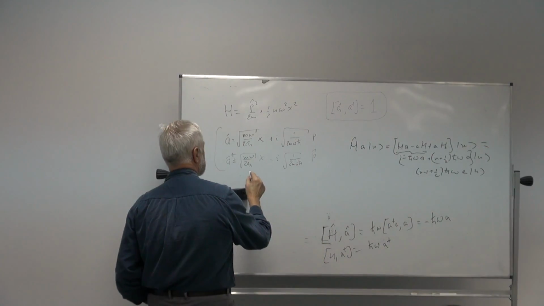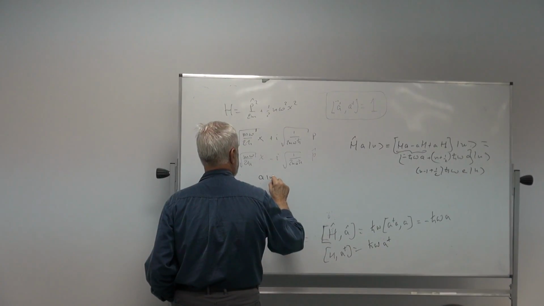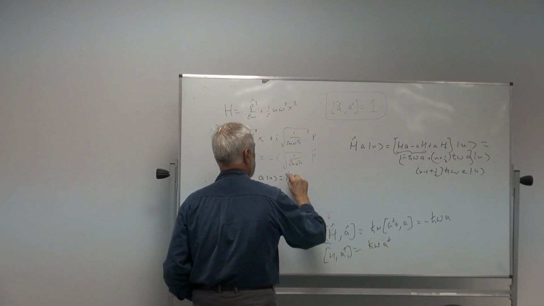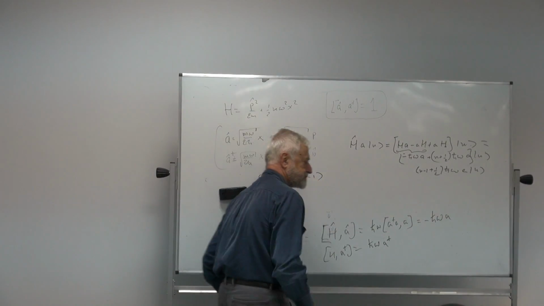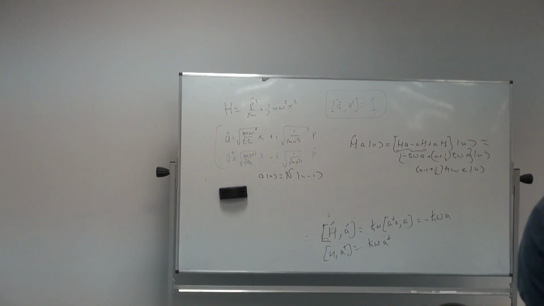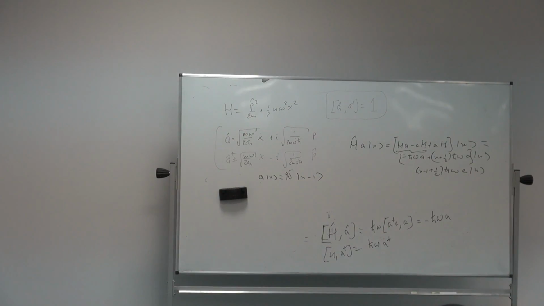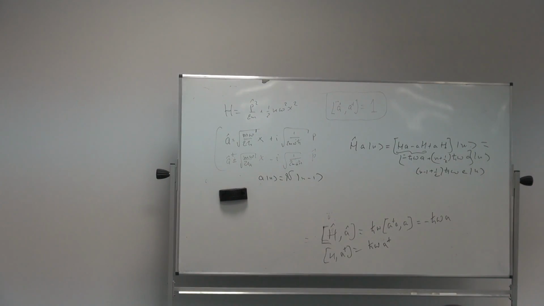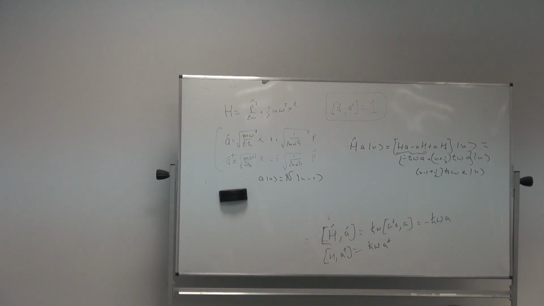In other words, A acting on n is again some normalization times n minus 1. Again, my trick is the same. I act with this A again and again, lowering n by 1, by 1, and finally I must get 0.